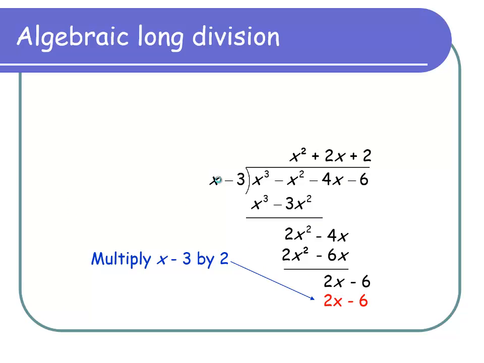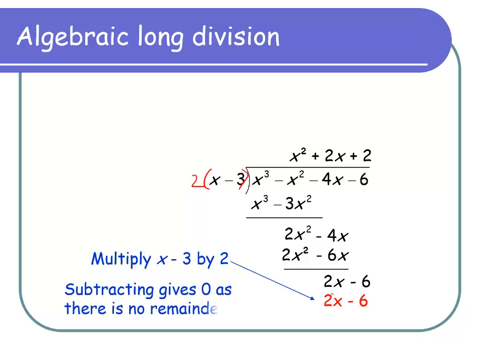So it just so happens that when I multiply this linear factor by 2, I end up with 2x minus 6, and so that means that there is no remainder. If I end up with 0 at the very end, it means there is no remainder, and so that means that my quadratic factor multiplied by my linear factor must exactly multiply out to give my dividend, which is the cubic.